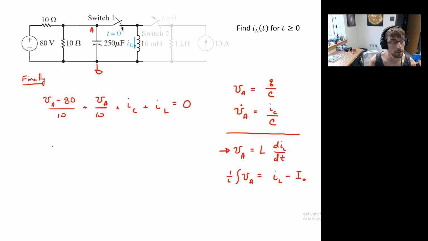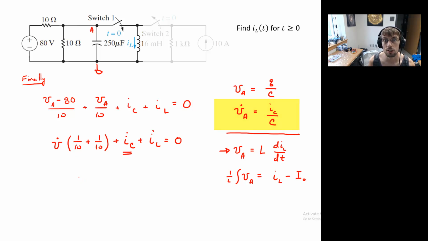Let's take a time derivative, and I will now employ my dot notation. Okay. And now we see that the changing current through the capacitor is just simply another time derivative.